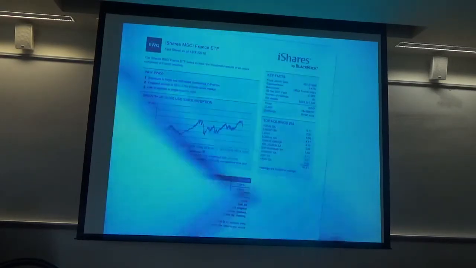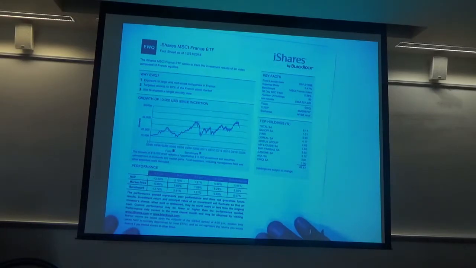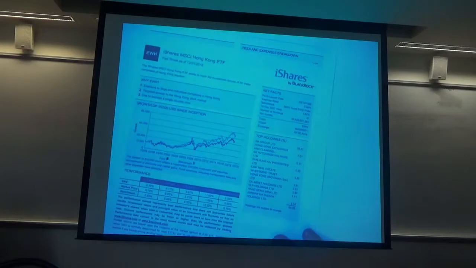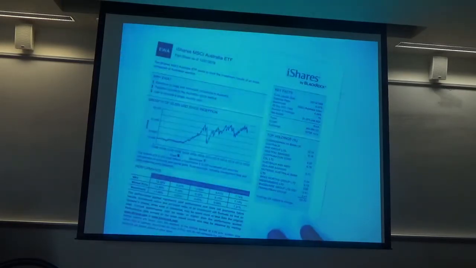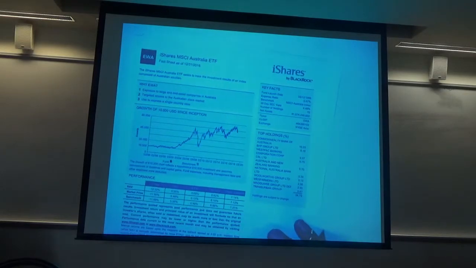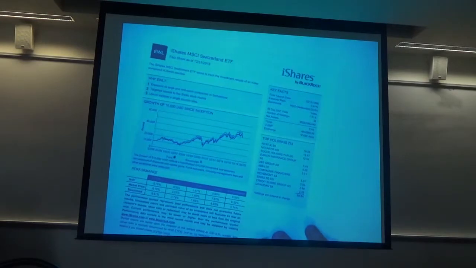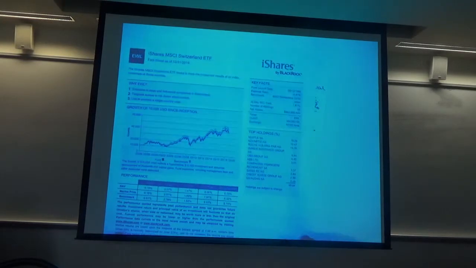And then I used the MSCI France ETF. I used the MSCI Hong Kong ETF, and I used the MSCI Australia ETF, so that's my country exposures. And then I used the MSCI Switzerland.